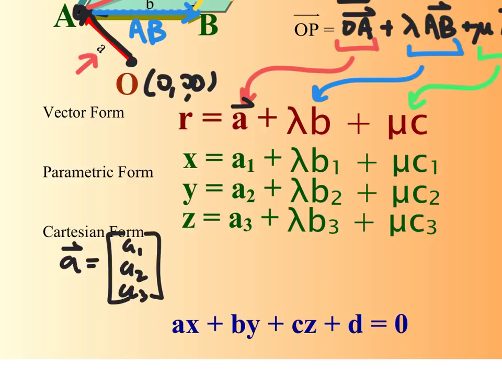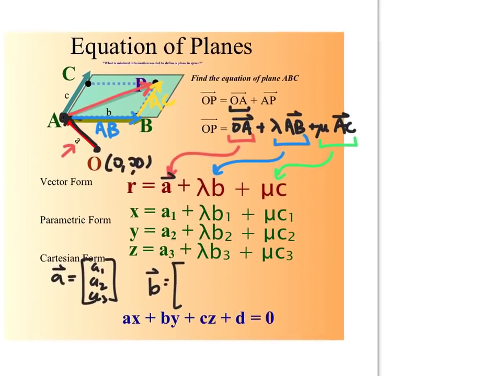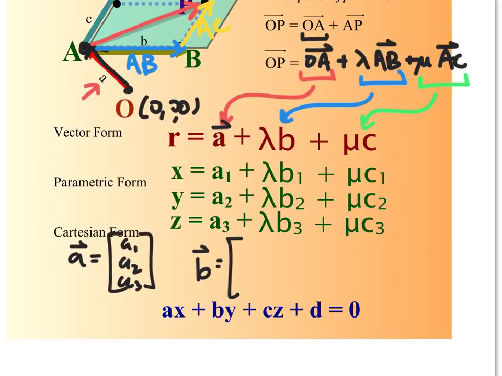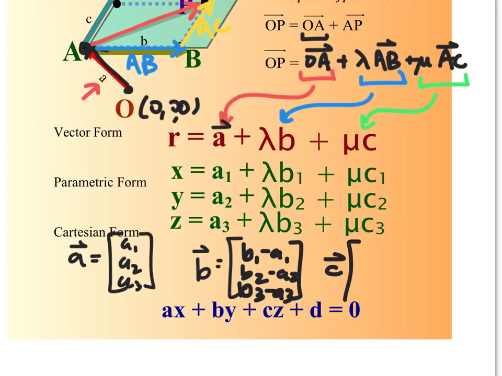All the points of vector B would be, now this is where it gets a little crazy, B1 minus A1, B2 minus A2, B3 minus A3. And then vector C, I'm not going to write it all out, but it would be C1 minus A1, and so on.